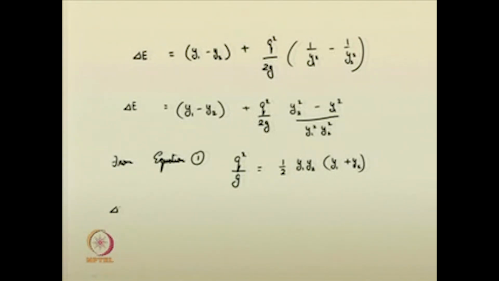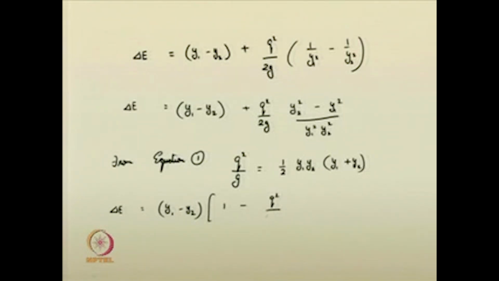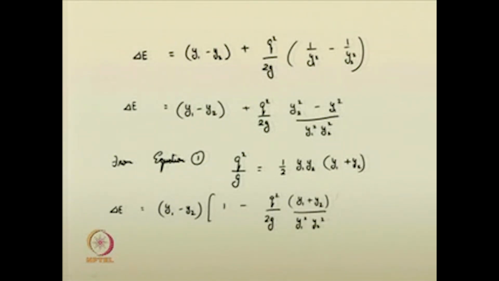Delta E is equal to y1 minus y2, from here, y1 minus y2 into 1 minus q squared by 2g, y1 plus y2 by y1 squared y2 squared.